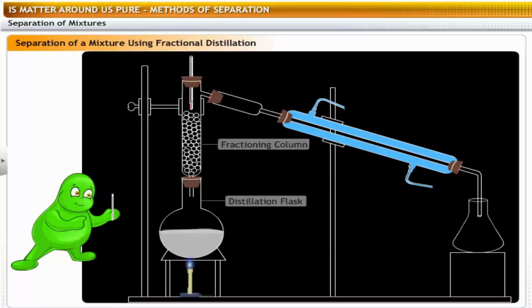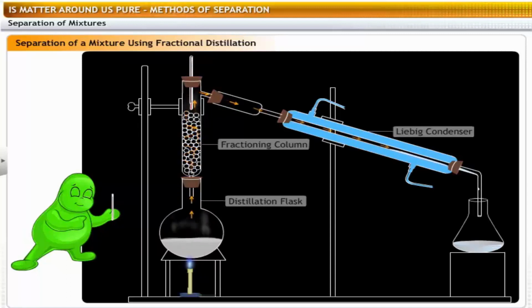The only difference is that a fractionating column is fitted in between the distillation flask and the condenser. A simple fractionating column is made up of a tube packed with glass beads. The beads provide the surface for the vapors to cool and condense again and again.